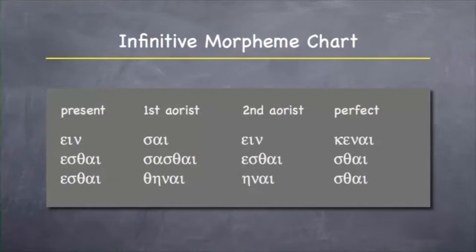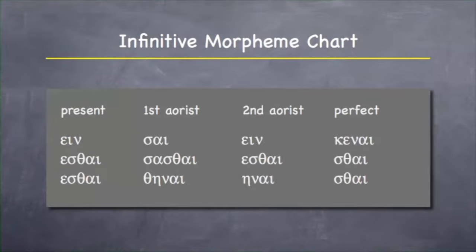That's the pattern we've seen in Greek, isn't it? But all these endings, except for the present active infinitive, which is then copied by the second aorist, all end in alpha iota, so hopefully that will help you. And rather than trying to get more morphologically accurate in all this stuff, it's just easiest to memorize these 12 forms. Okay, so this is the chart you need to memorize.